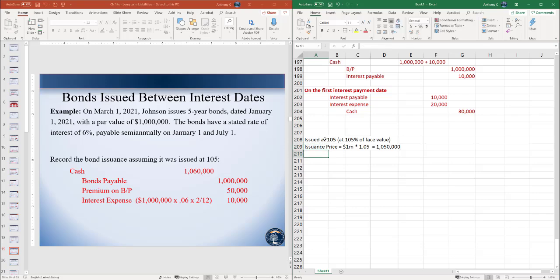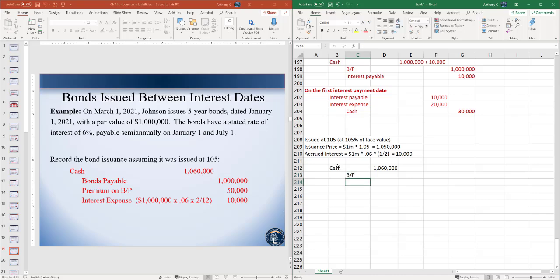All right, our accrued interest here is exactly the same as before. It's the $1 million times the 6% stated rate of interest times time. Since interest is payable semi-annually, it's 1/2, or 6 out of 12. So the amount of cash we'll get is the issue price of $1,050,000 plus $10,000. So we'll credit cash for that $1,060,000.